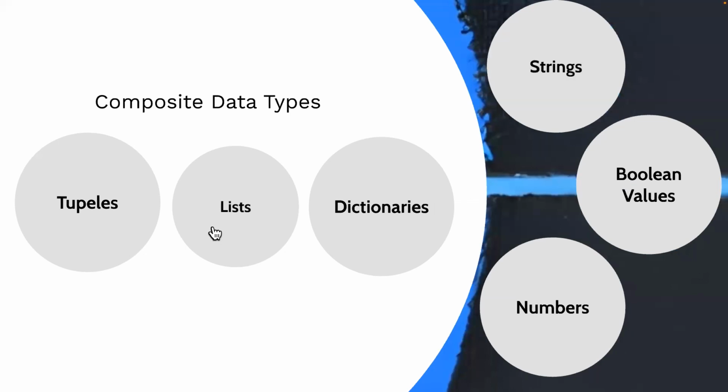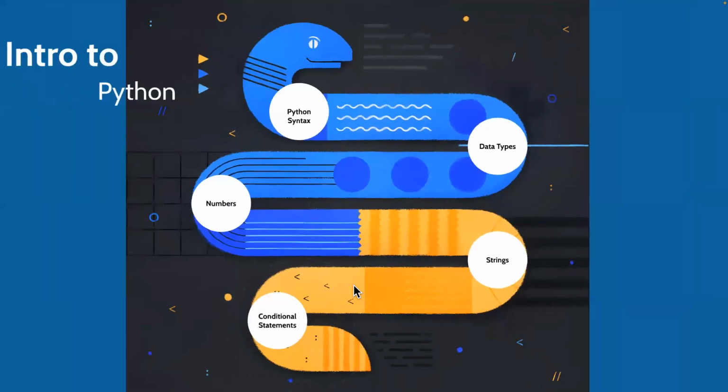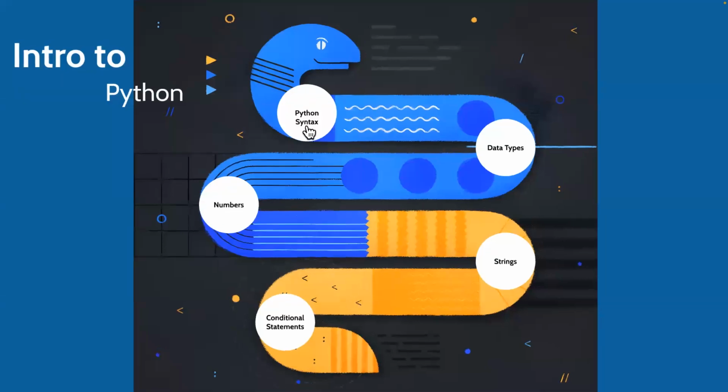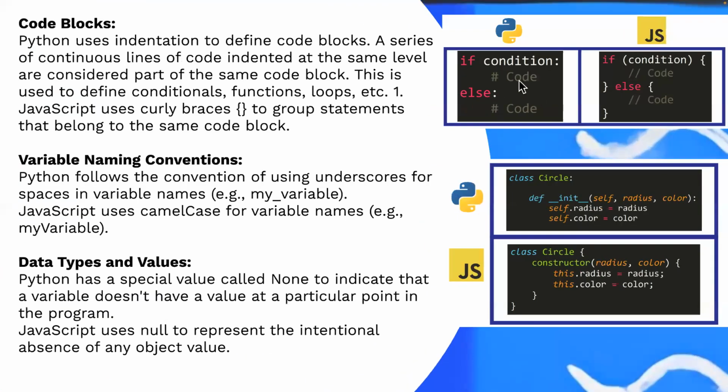All right, so we've gone over different types of data. So far we've found how similar Python is to JavaScript as far as syntax. We've gone over what syntax looks like, functions we indent, and for variable names we use snake case.